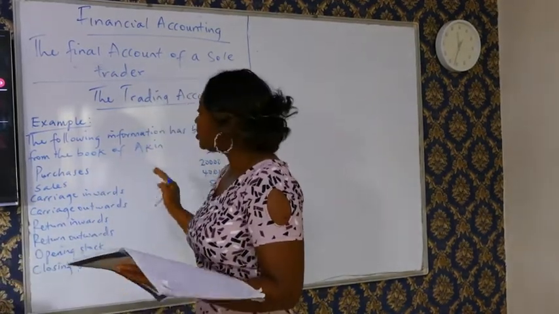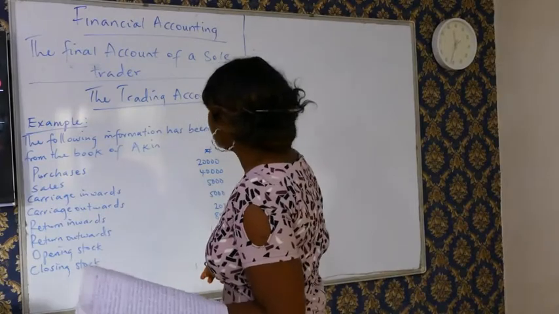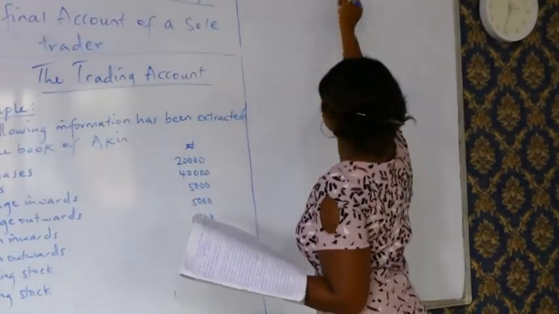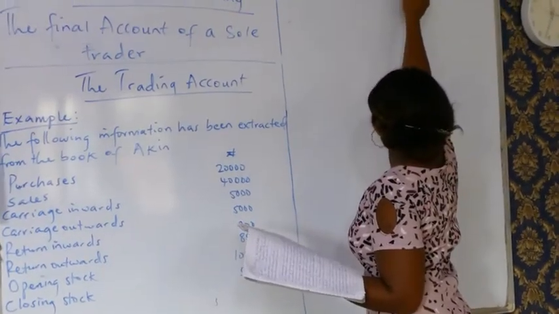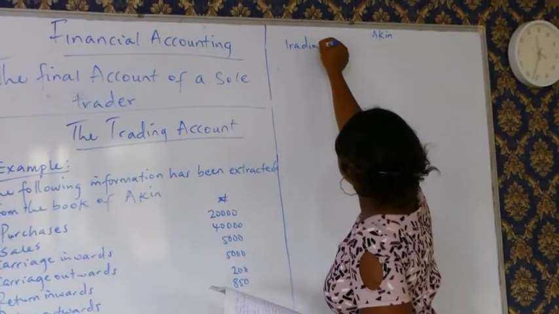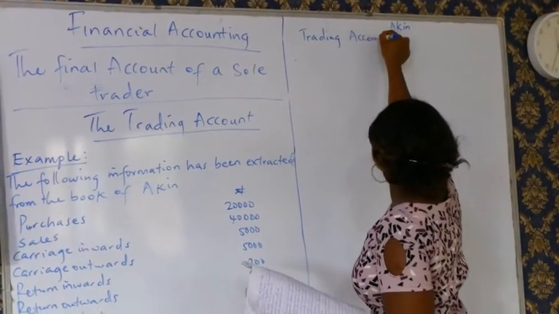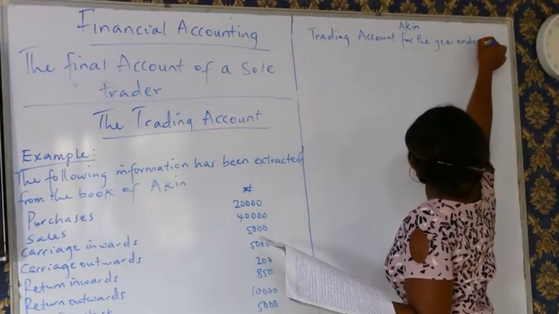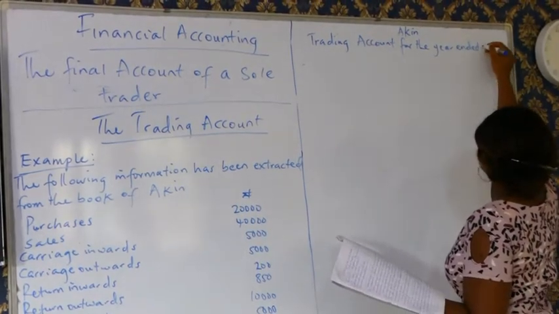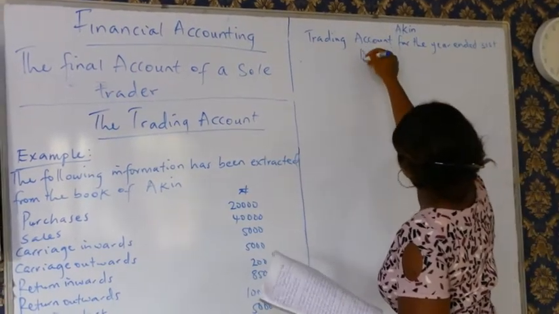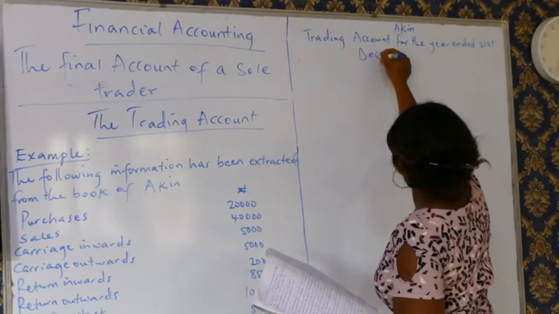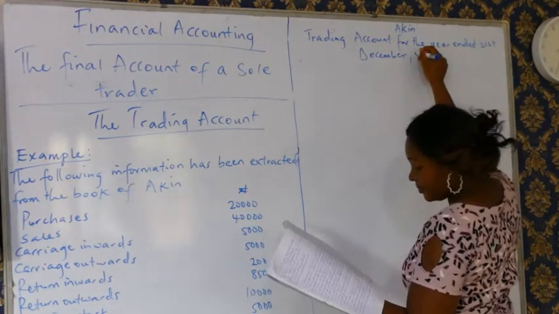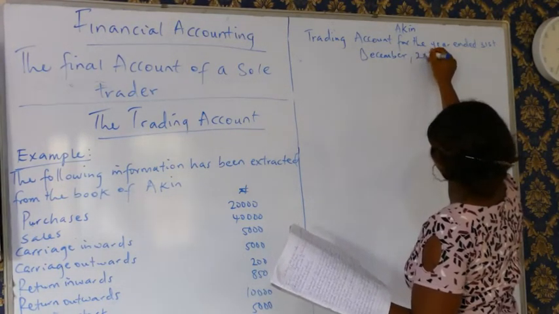Now we are going to prepare the trading account using this information. We start with the name of the sole trader, which is Akin. We say Akin Trading Account for the year ended 31st December 2014.